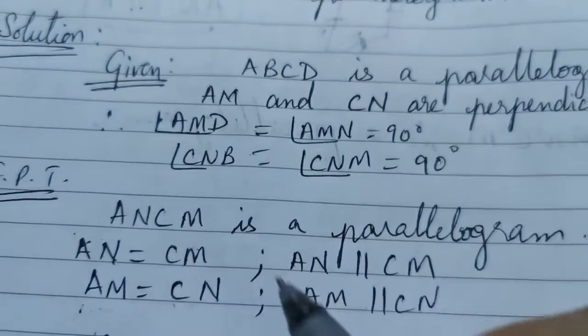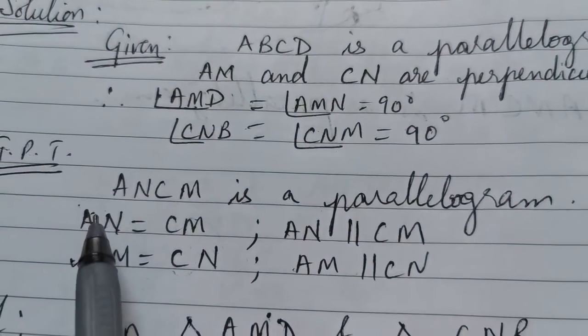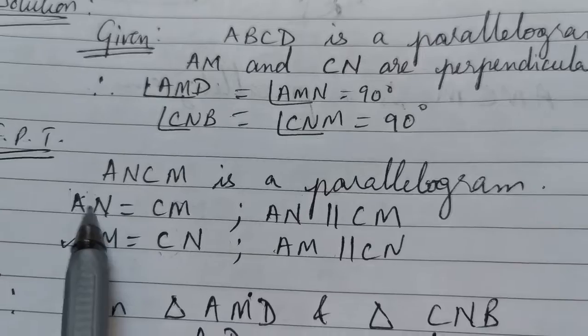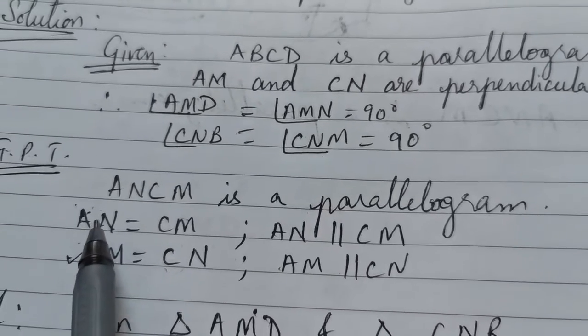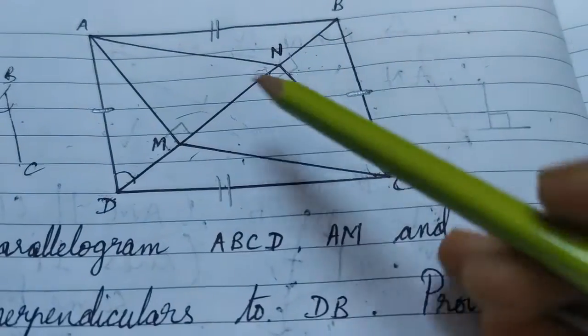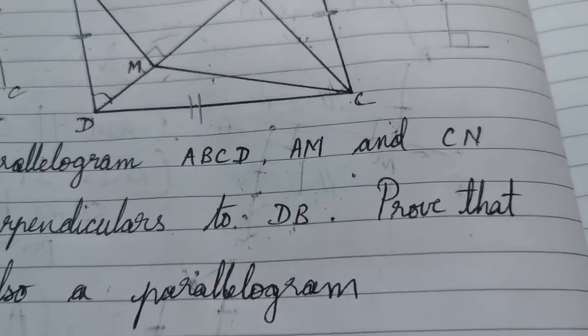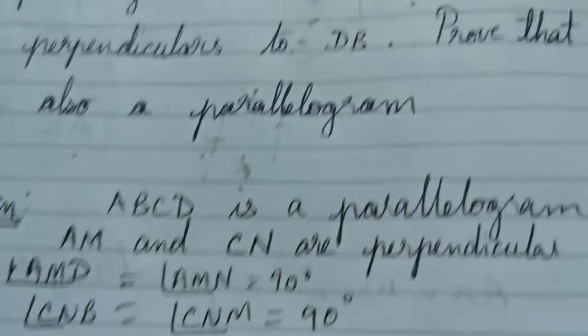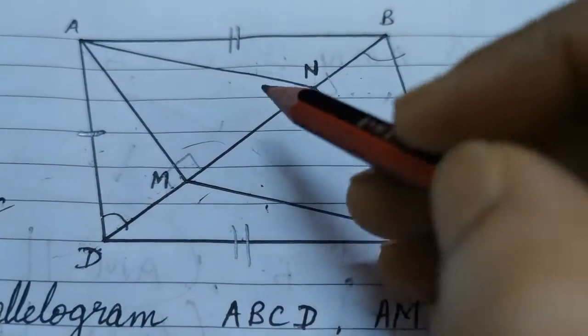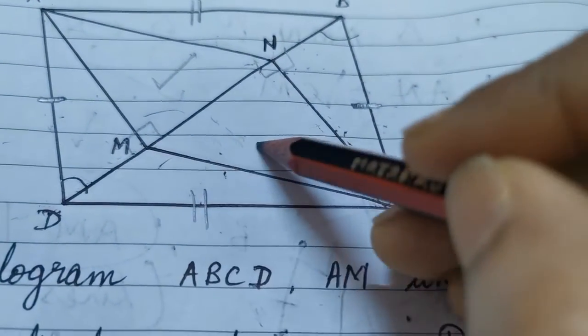So, this is proved. Next, we will have to prove AN is equal to CM. For that, we will need the triangles which have the sides AN and CM. So I have the side AN in this triangle and I have the side CM in this triangle.